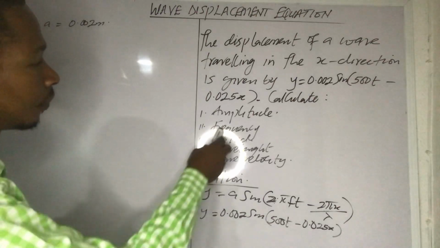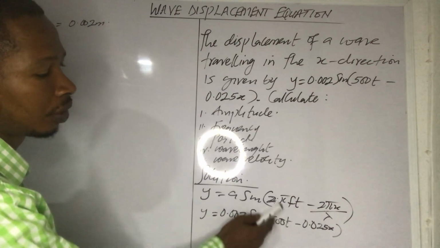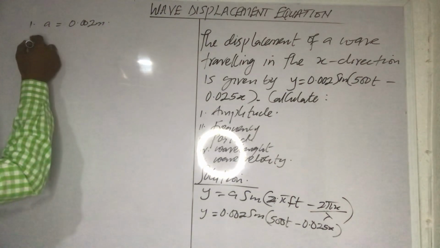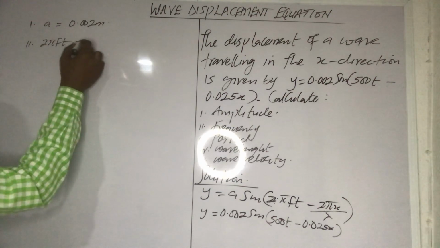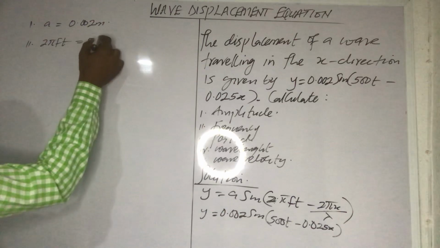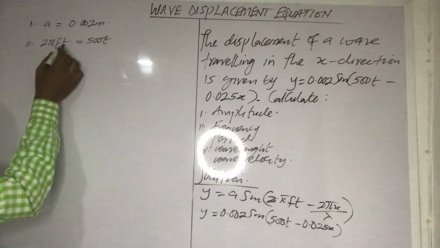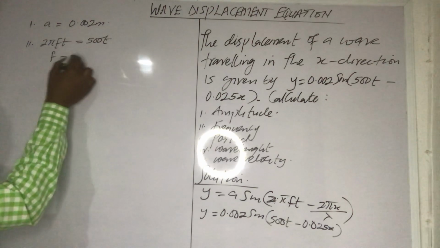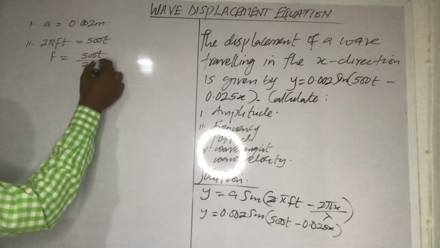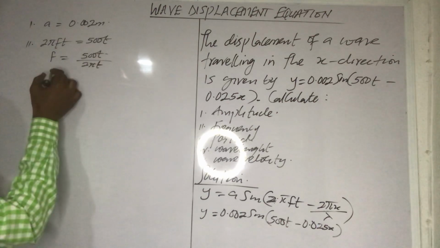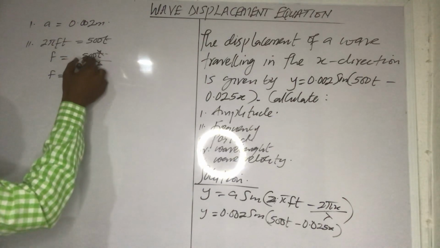So to get my frequency, I will compare this with this because this is where frequency is. In that case, I will have 2 pi ft is equal to 500t. I'm looking for f now. I'll divide both sides by 2 pi t. So f will be equal to 500t over 2 pi t. The t's cancel.